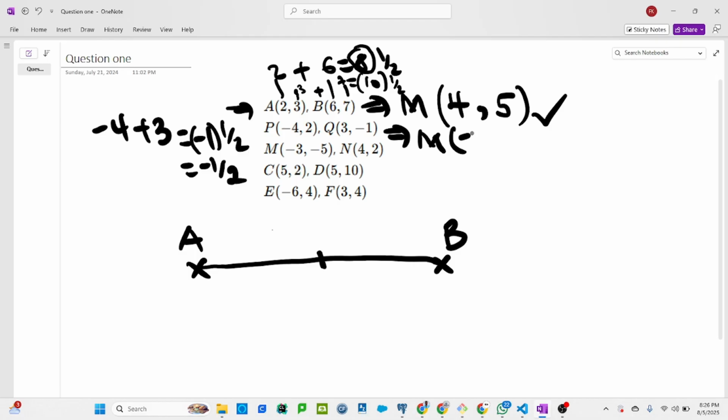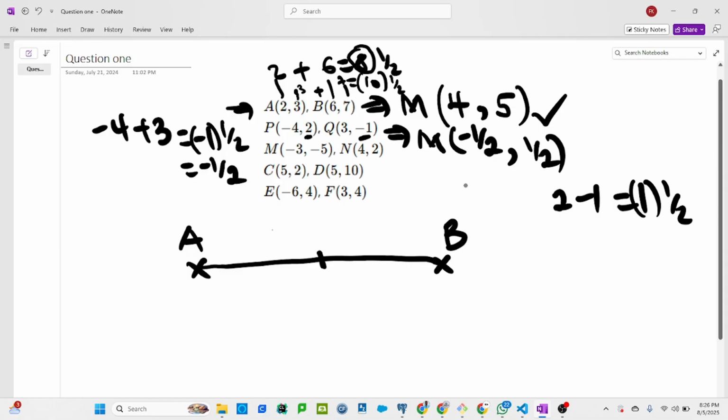So the x value is negative half. And for the y value of the middle point, I'm going to take the y for this and the y for this. 2 plus negative 1 is 1. Then halving that, you have the result. Do you guys understand this? So I'll let you solve the next ones.